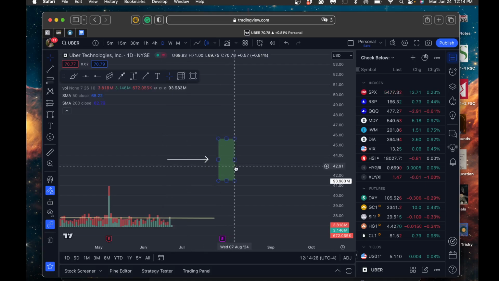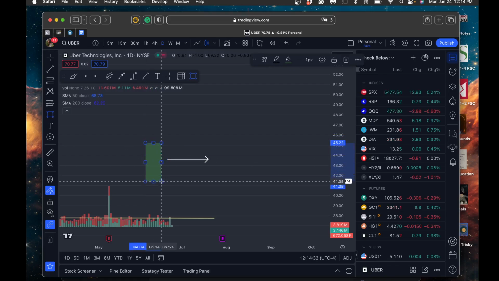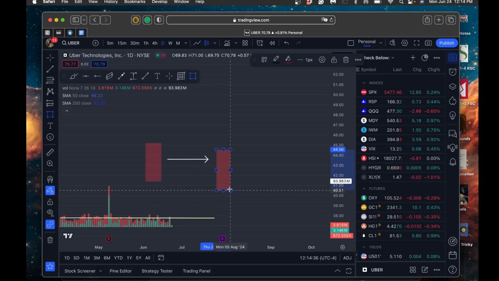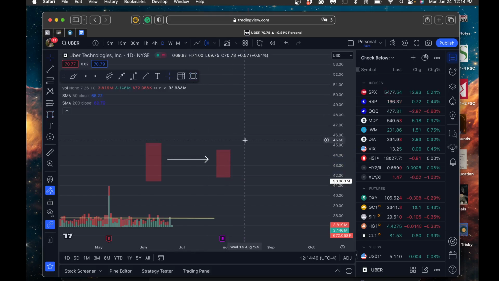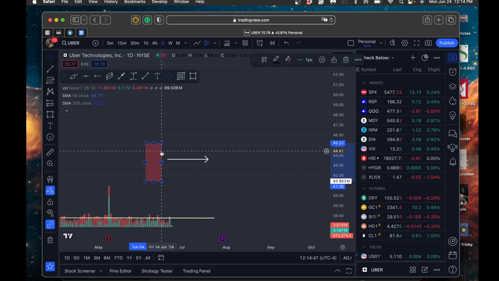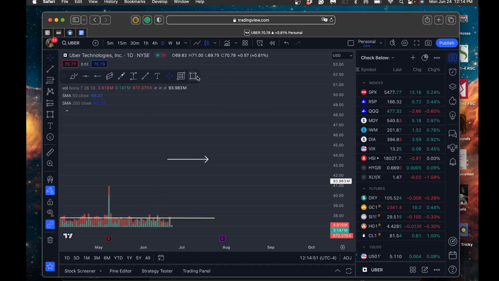When there's buying, it goes up. When there's selling, it goes down. Vice versa, if there was completely red selling, then we would expect to get a completely red candle. Simple as that. Why? Because if there's only selling, the only place it can go is down. Very, very simple. So draw those two examples out for yourself, give it like 5 seconds, or you can pause the video. And now we're going to go into matching candles.